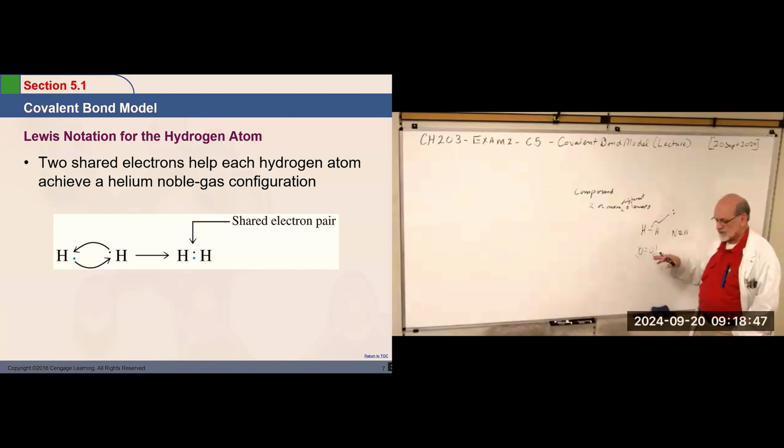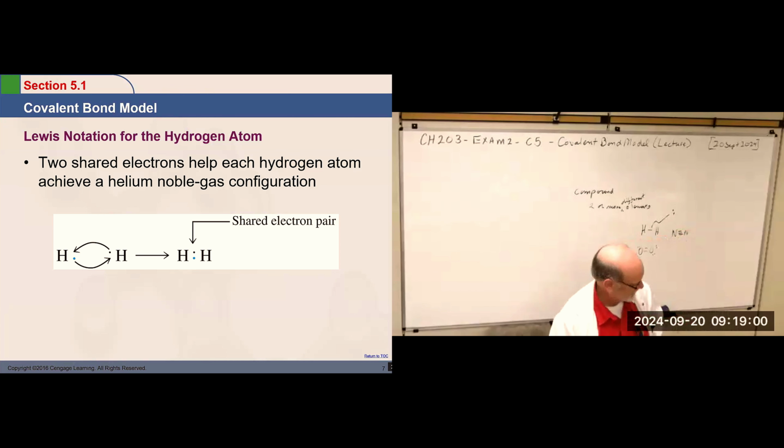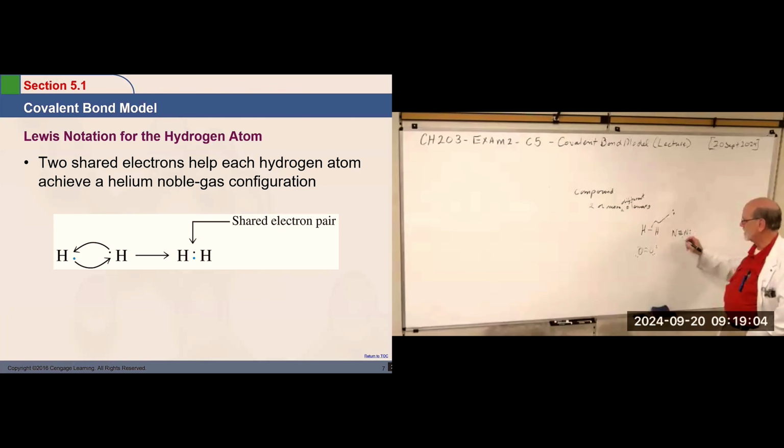So when you count the electrons, this one thinks it has two here and two here. This one thinks it has two here and two here. I can't figure another way to say it. If we did the nitrogen, it would simply have a lone pair there and a lone pair there, and we'd have 2, 4, 6, 8, 2, 4, 6, 8 for each atom.